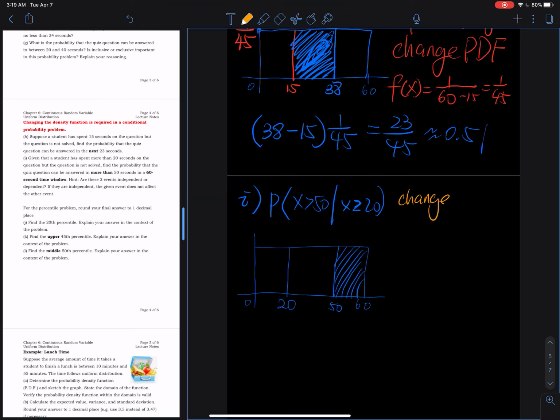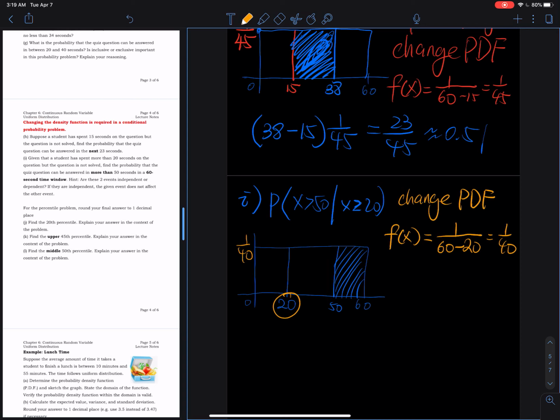So you have f of x equals 1 divided by the maximum minus what? Minus the given. Always, again, minus the given. 20. So that is 1 over 40. Always subtract the given. 1 over 40. Do not subtract the 50.